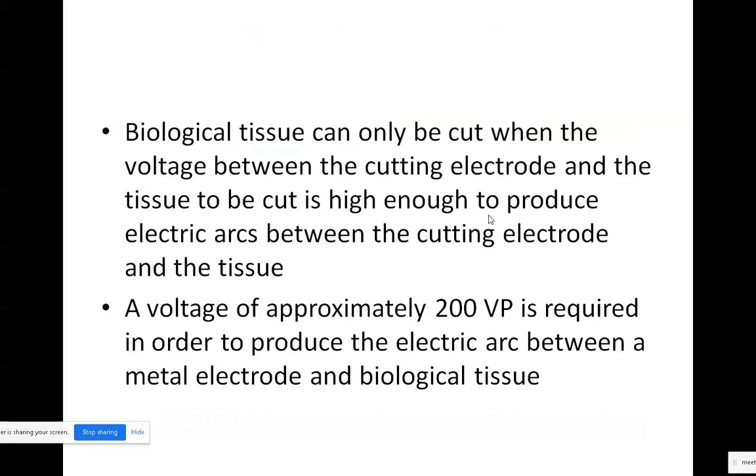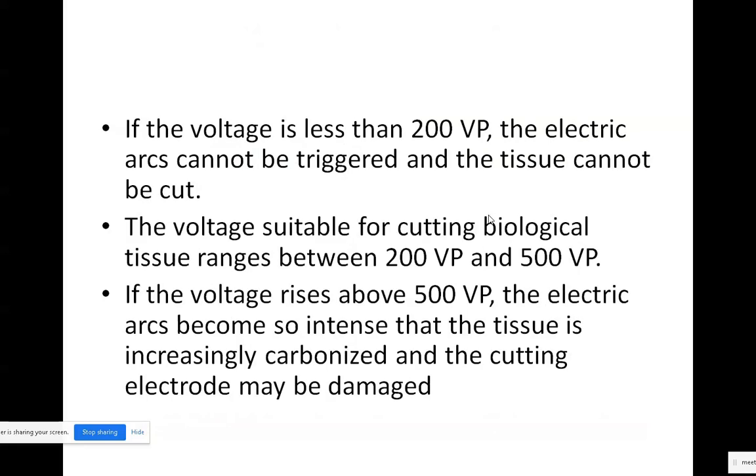I will be teaching very fast. If the voltage is less than 200 volts, then the electric arc cannot be triggered and the tissue cannot be cut. So if it is below 200 volts, it cannot be triggered. The suitable voltage range for cutting is between 200 and 500 volts. If the voltage increases above 500 volts, the electric arc will become intense.